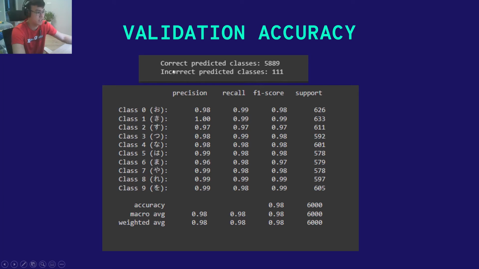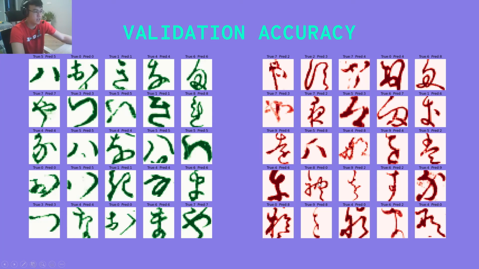On validation, we have 5,889 correctly predicted and 111 incorrectly predicted. So the overall accuracy is around 0.98, or 98%. Here you can see precision, recall, F1 score, and support. We also made a function which outputs only the correct outputs or only the incorrect outputs: green is correct and red is incorrect.